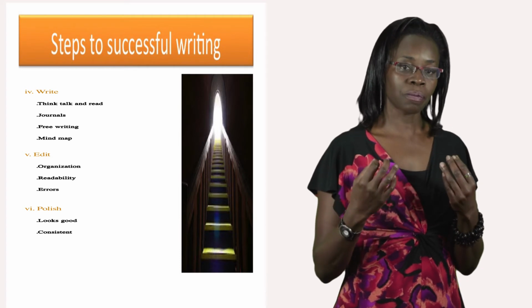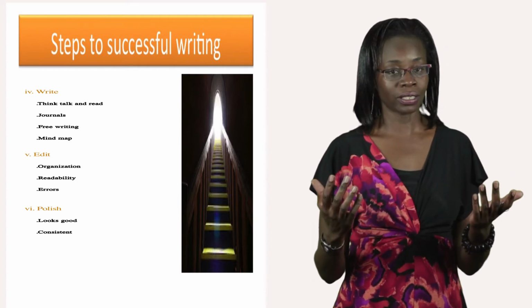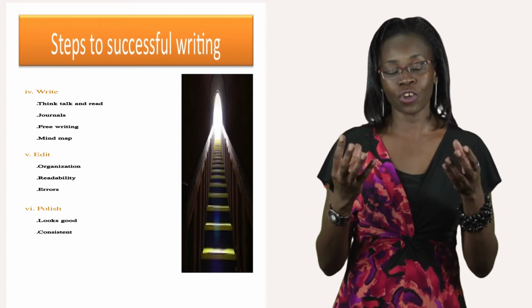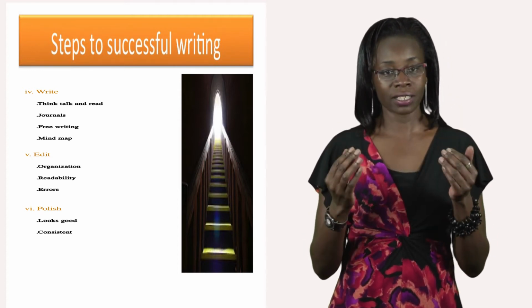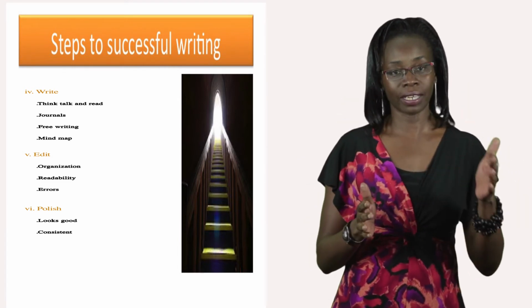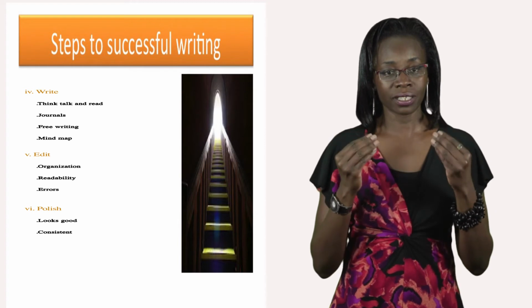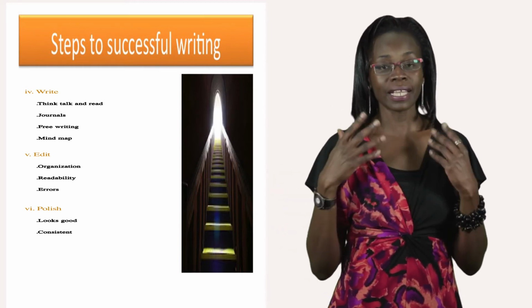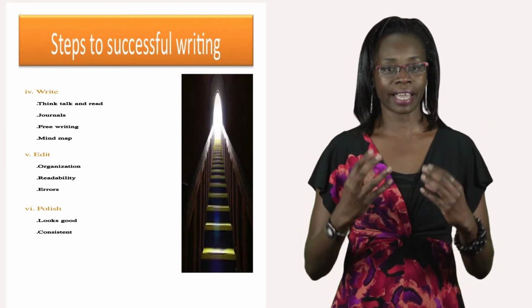Then after editing, the next step is polishing your document. What does polishing mean? You look at your document and it should actually please your eyes. How does it please your eyes? It pleases your eyes if it's correctly formatted, maybe centered or left aligned. It pleases your eyes if there is no white space in between the lines. It pleases your eyes if the document can breathe.